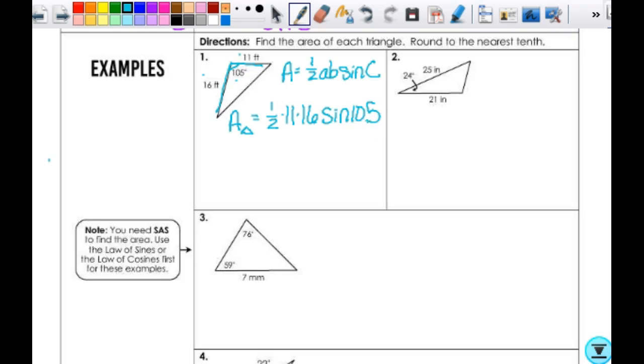And then that's just a substitute and punch your buttons on the calculator and get your answer. So this would give me what? 85.0 feet squared. Everybody agree with that?